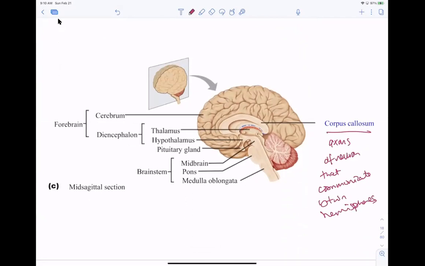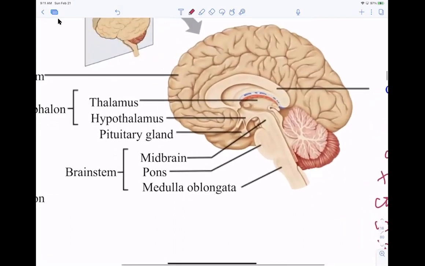You have neurons that cross hemispheres. These are commissure neurons, and they help the right and left hemisphere communicate with one another. And the axons of these neurons that communicate between the hemispheres are all located in the corpus callosum and also the anterior commissure, which is up here.